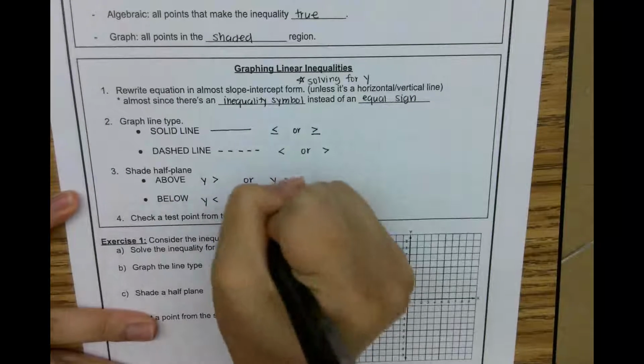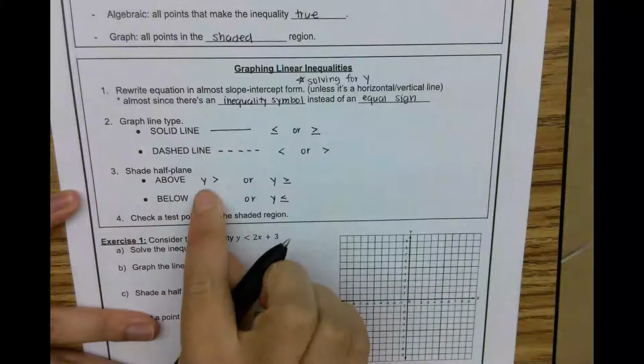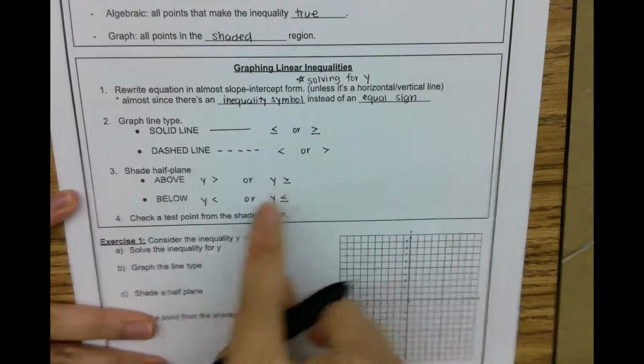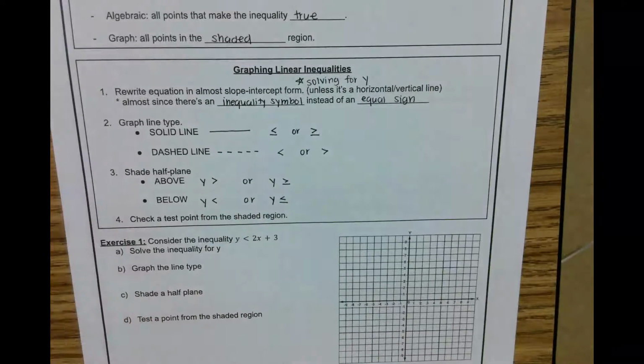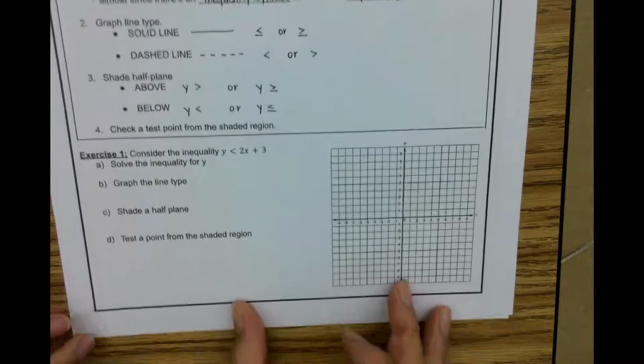So we shade above when it's y greater than or y greater than or equal to, and we shade below when it's y less than or y less than or equal to. And then just to make sure that we shaded correctly, we're going to check a test point from the shaded region. So let's get started with our first example.